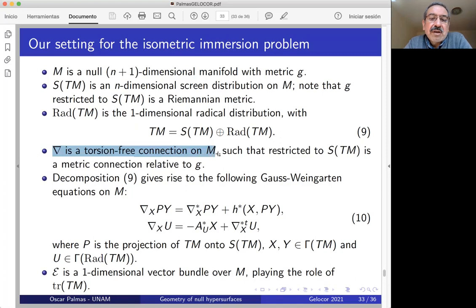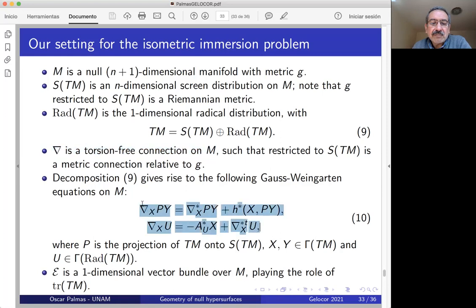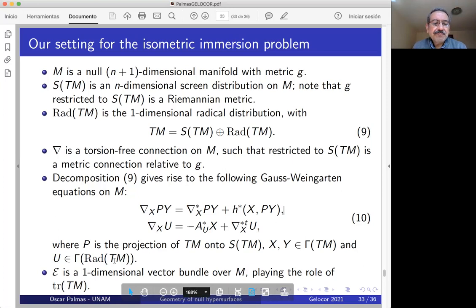It is not a metric connection on M, but restricted to the screen distribution, it is a metric connection relative to the metric G. We also have these Gauss-Weingarten equations, which are well defined. And for the abstract problem, we give a one-dimensional vector field E, which will play the role of the transversal bundle.